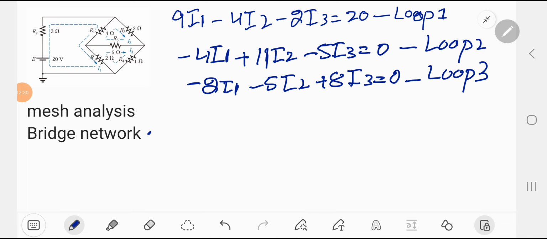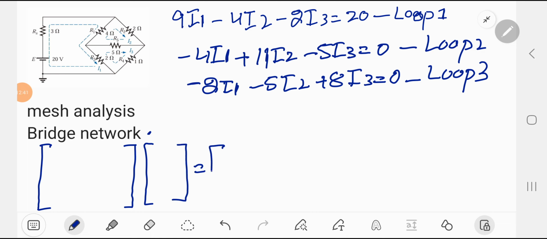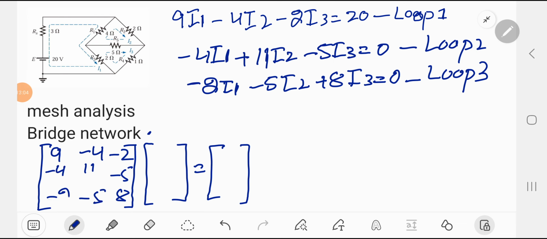So let's convert these equations to matrix form. Here the coefficients are 9, minus 4, minus 2; minus 4, 11, minus 5; minus 2, minus 5, 8, multiplied by I1, I2 and I3.